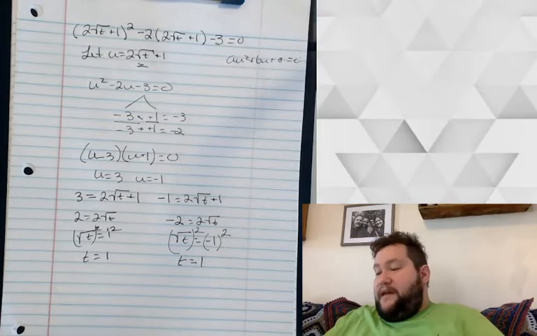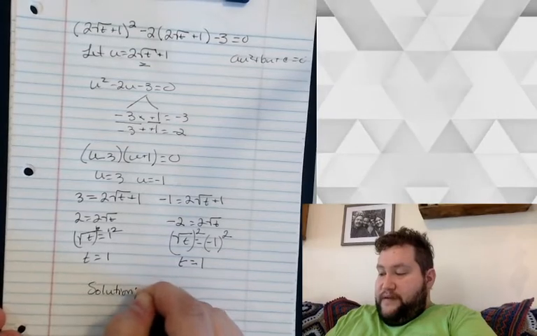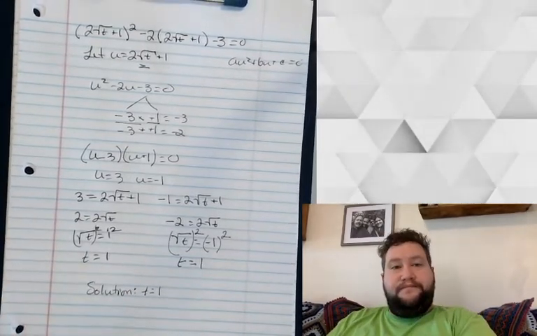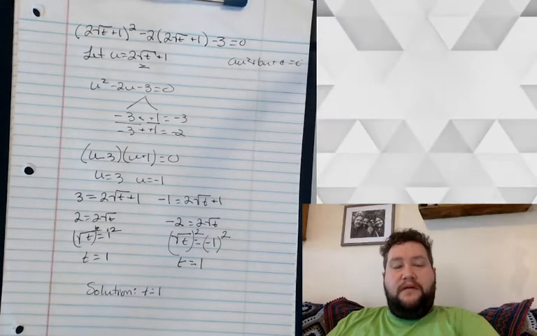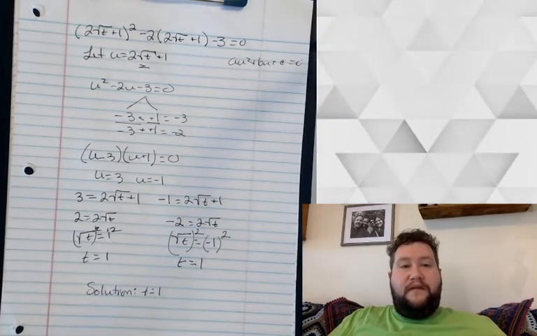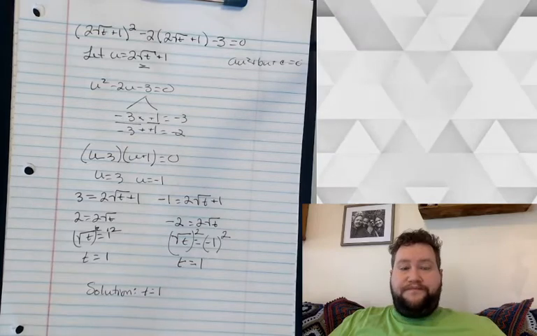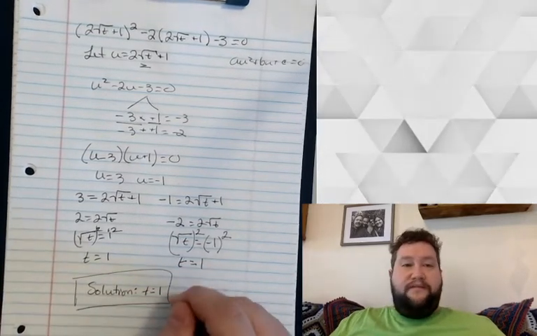But we know that then our solution is t equals 1. So we get 2 times 1 plus 1, because 3 squared is 9, minus 6 minus 3 is 0. So it checks out.